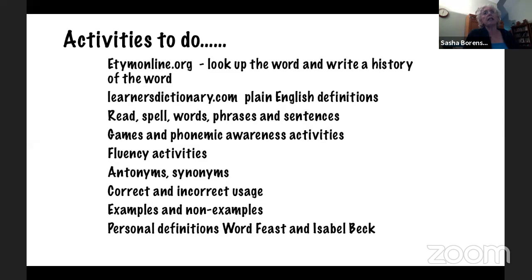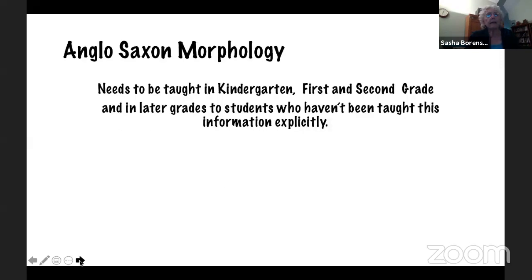We always want our kids to be able to give us examples and non-examples. And we want them to give us personal definitions, which is, again, Word Feast and Isabel Beck's work. Isabel Beck really gave us a lot of good stuff in vocabulary. Really good stuff. My parting word for today is that you've got to start this stuff in kindergarten and first grade and second grade. And you have to do it with your students in older grades who haven't been taught this information explicitly.